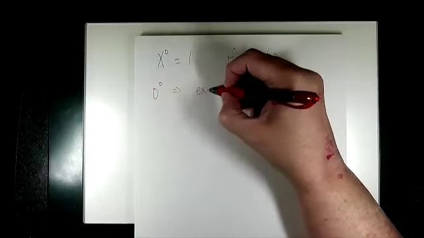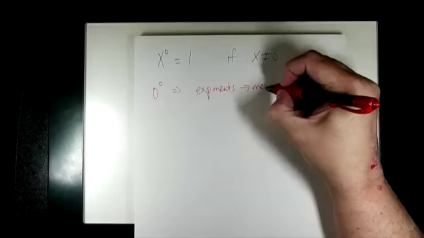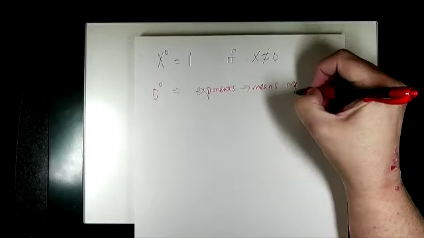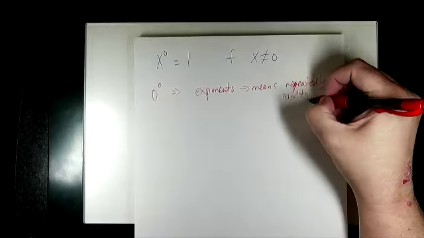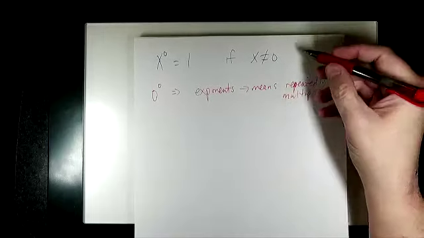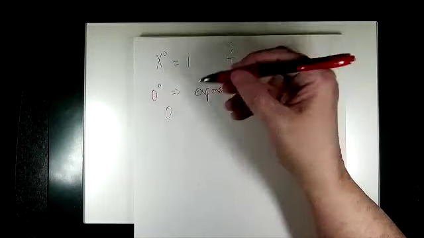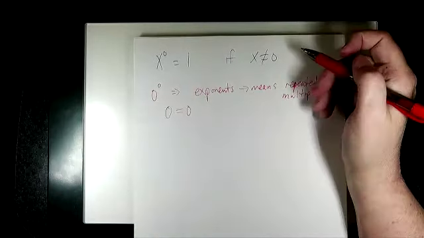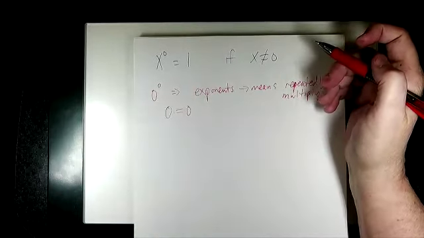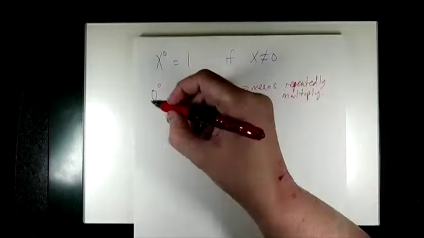Exponent means multiply the stuff together, repeatedly multiply. So even if I'm only multiplying it 0 times, I should still end up with 0. That doesn't make sense, but there's nothing there.